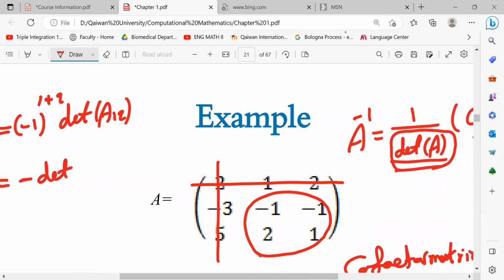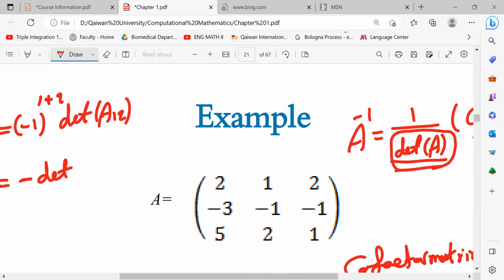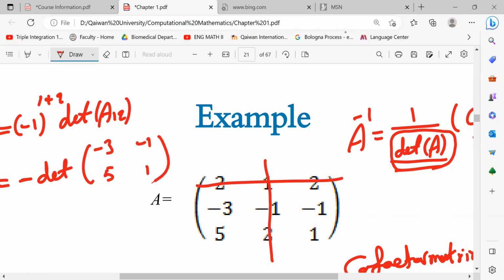We remove the first row and the second column. If you remove the first row and the second column, what's left? -3, -1, 5, 1. The determinant of this matrix is multiplying these two minus multiplying these two.